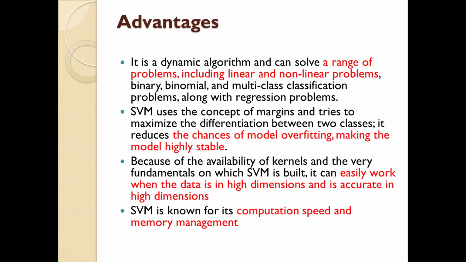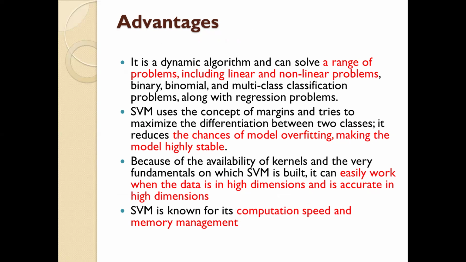So let's look at the advantages of SVM. We are using it for solving many problems. So we can use it to solve both linear as well as non-linear problems, including multi-class classification as well as regression.